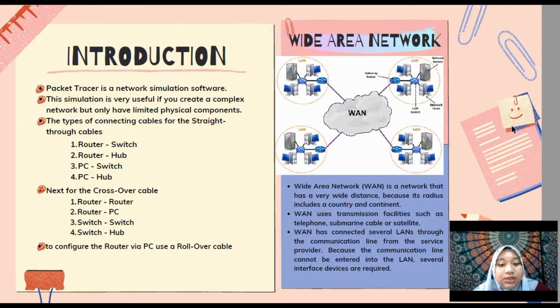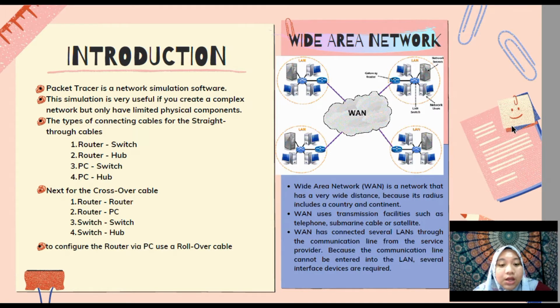A WAN connects the LAN server to the communication line from the service provider, because the communication line cannot be entered into the LAN server directly, so an interface device is required. The common devices are router, channel service unit or data service unit, modem, and communication server.